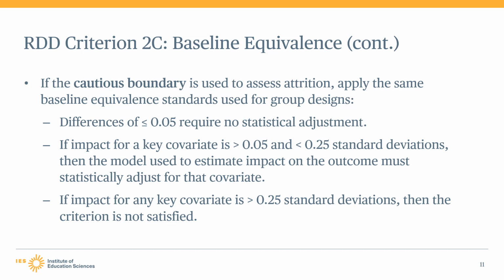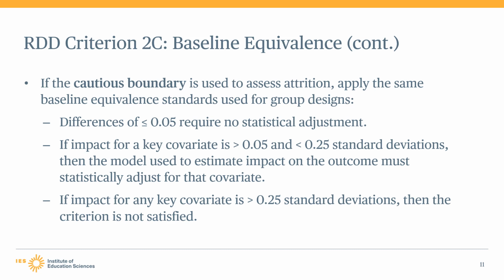If the impact for a covariate is between 0.05 and 0.25 standard deviations, then the statistical model used to estimate the average intervention effect on the outcome must include a statistical adjustment for that covariate to satisfy this criterion. If the impact is greater than 0.25 standard deviations in absolute value, RDD Criterion 2C is not satisfied because baseline equivalence has not been established.